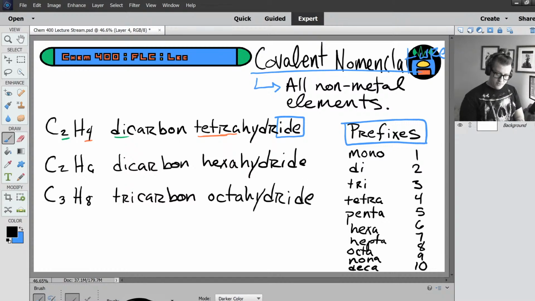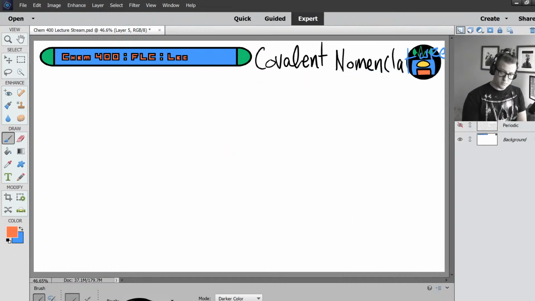And again, whatever your atom count of that particular element is, you use the corresponding prefix to explicitly state how many of that element are present. So it's fairly easy to move from the chemical formula to the name. It is just as easy to move from the name to the chemical formula.